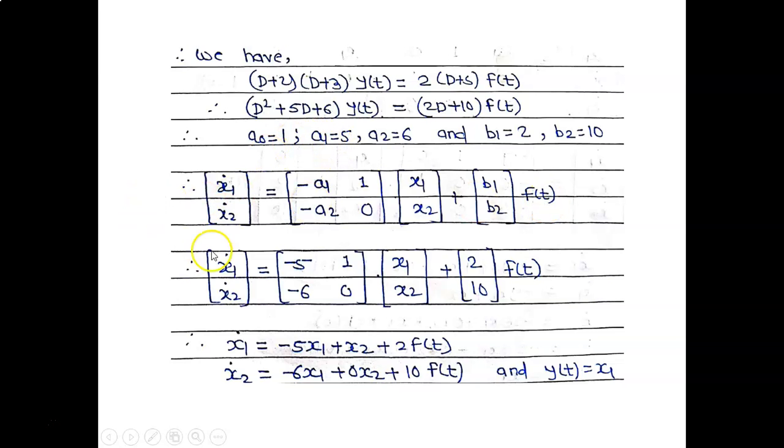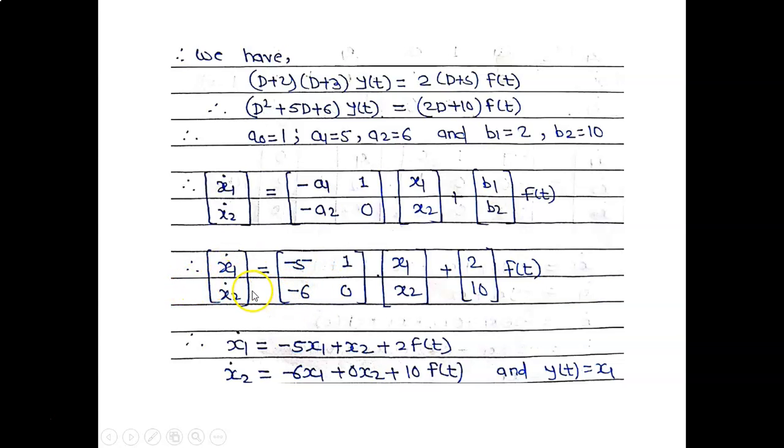Therefore substituting the values in the matrix, x1 dot, x2 dot is equal to the matrix of minus 5 1, minus 6 0 into x1, x2 plus the matrix of 2, 10 into f(t).